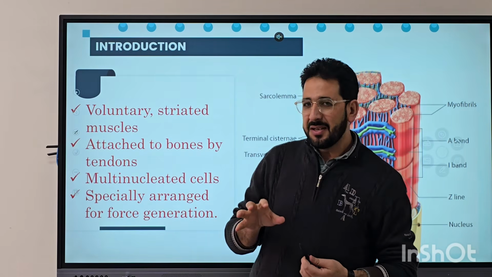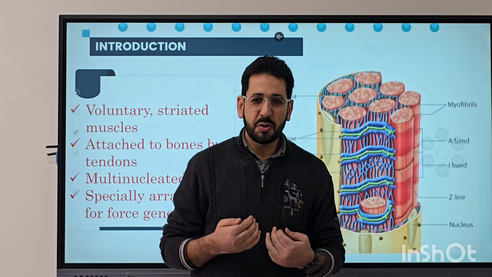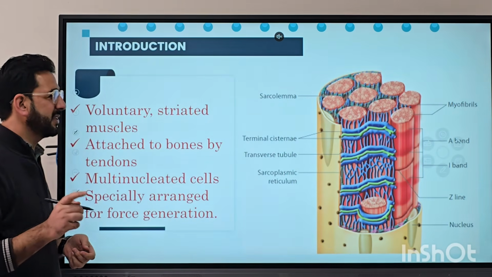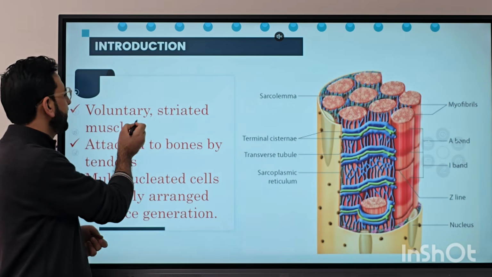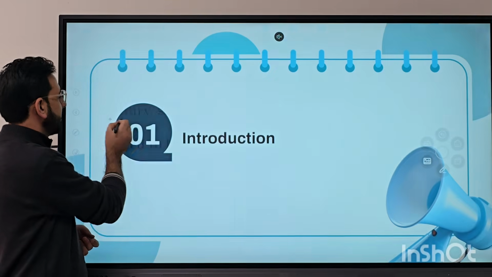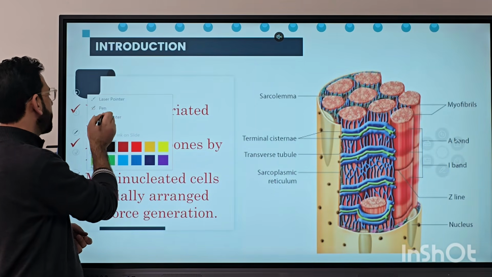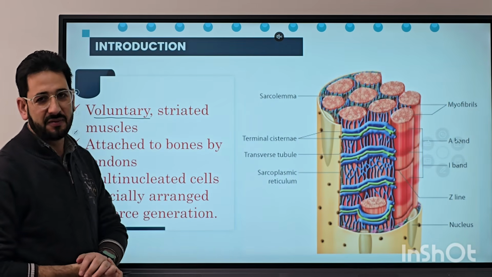Now, because these skeletal muscles are in our own control, we call them the voluntary muscles. So that is the first thing you have to understand: these skeletal muscles are the voluntary muscles. That means they are in the control of the somatic nervous system.